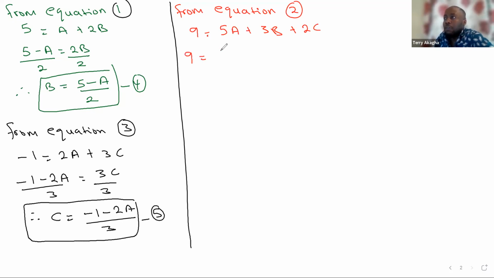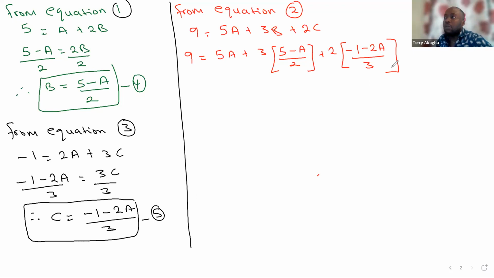So 9 is going to be 5a plus my b, which is 3 into bracket 5 minus a over 2, and my c is equal to minus 1 minus 2a divided by 3. Then I make a the subject of the formula.